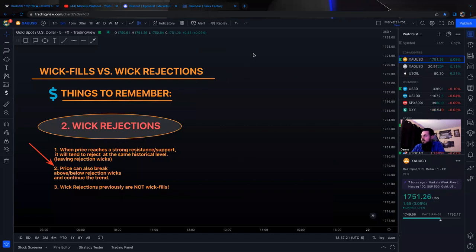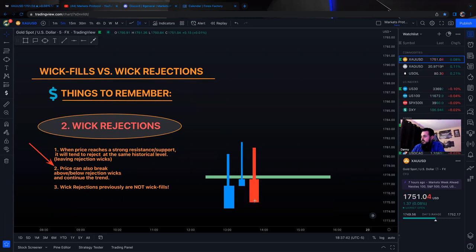Let's say, going back to the same example here, you had resistance. Price came up to it, leaving rejection wicks. So we will count these as rejection wicks previously.